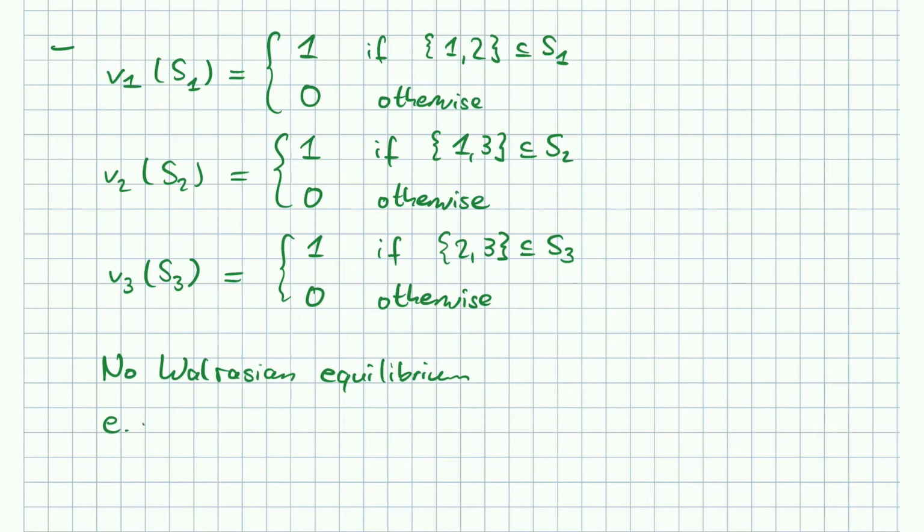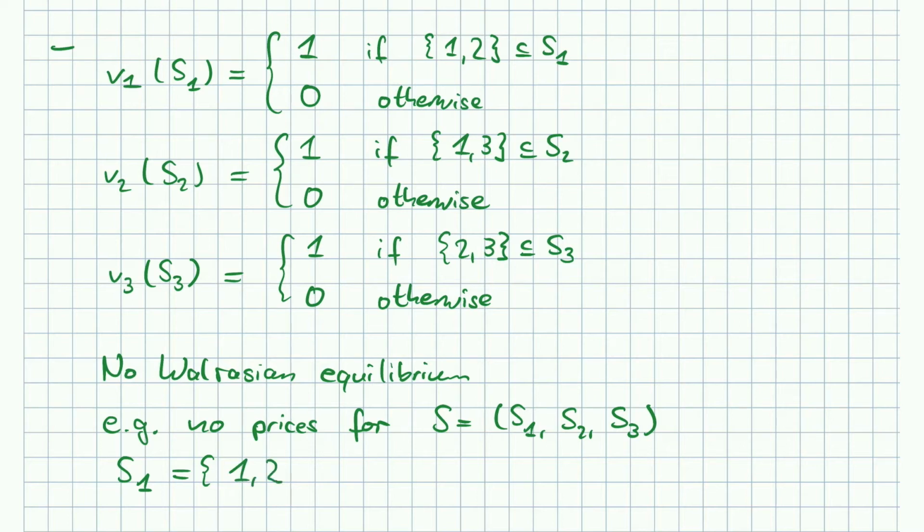For example, there are no prices to support the allocation in which S1 would be the set of items 1 and 2, and S2 and S3 would be empty.